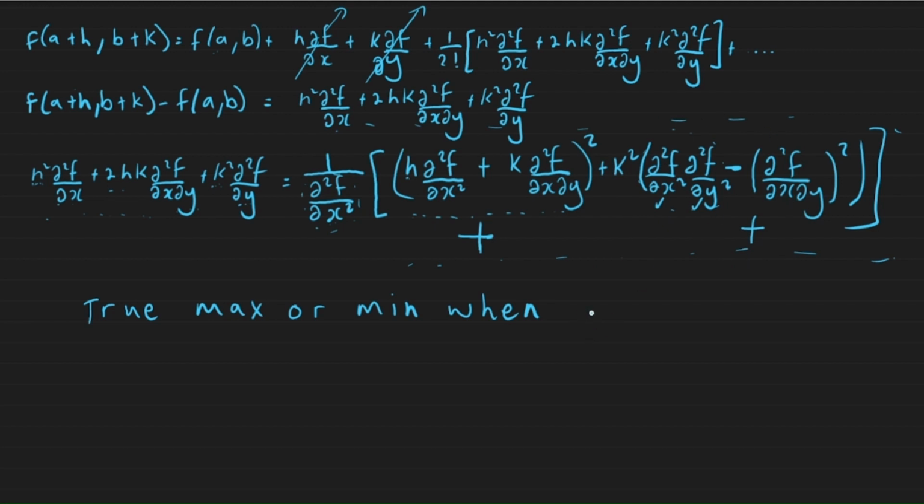So that is when ∂²f/∂x² times ∂²f/∂y² is greater than (∂²f/∂x∂y)². That is a very, very important point to establish inside this entire expression. I forgot about the square here.